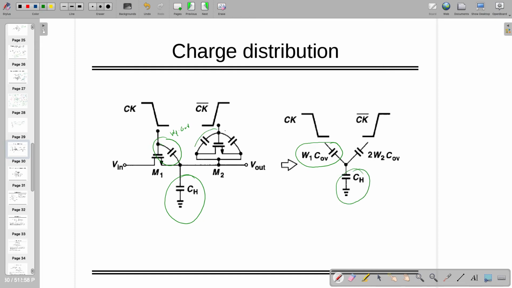And on this side there have to be two capacitors. Can you see? It's not one path, but there are two paths in parallel. So it's 2 W2 times COV, where COV is equal to overlap capacitance. You agree with this, right?